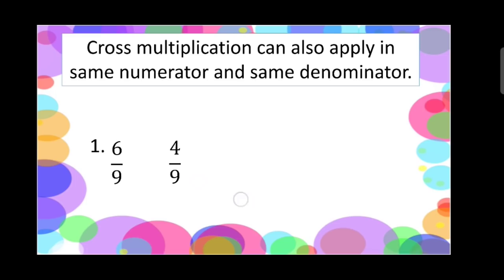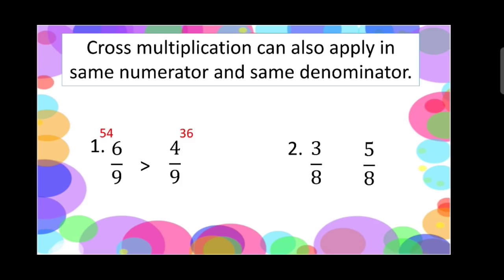So, 9 times 4 is equal to 36. Then, 9 times 6 is equal to 54. So, therefore, 54 is greater than 36. Or 6 over 9 is greater than 4 over 9. Okay, another. 3 over 8 and 5 over 8.